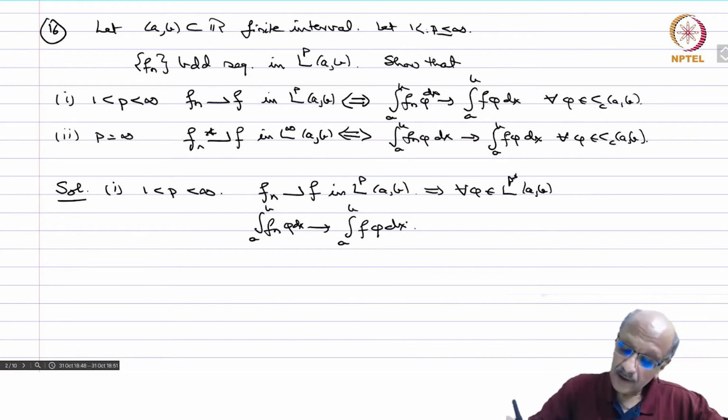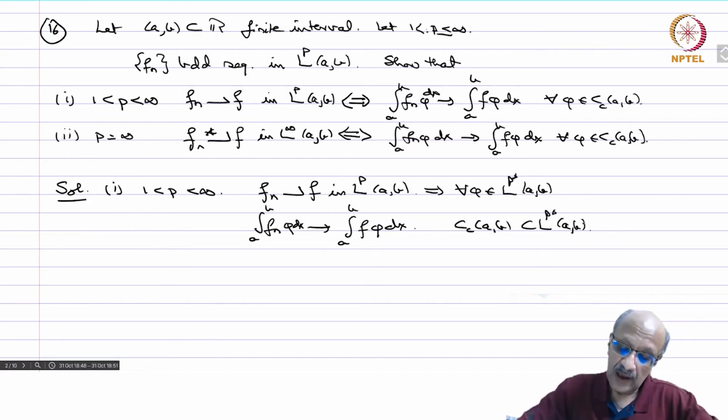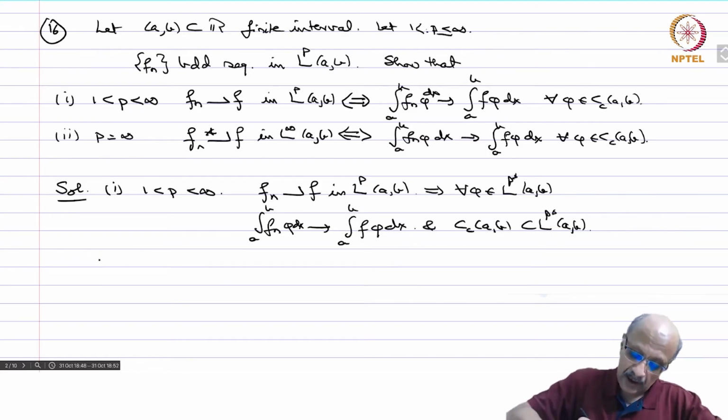In particular, every continuous function with compact support C_c(a, b) is contained in Lp star(a, b). It's in any Lp space, and therefore in particular you have that for every phi this happens.